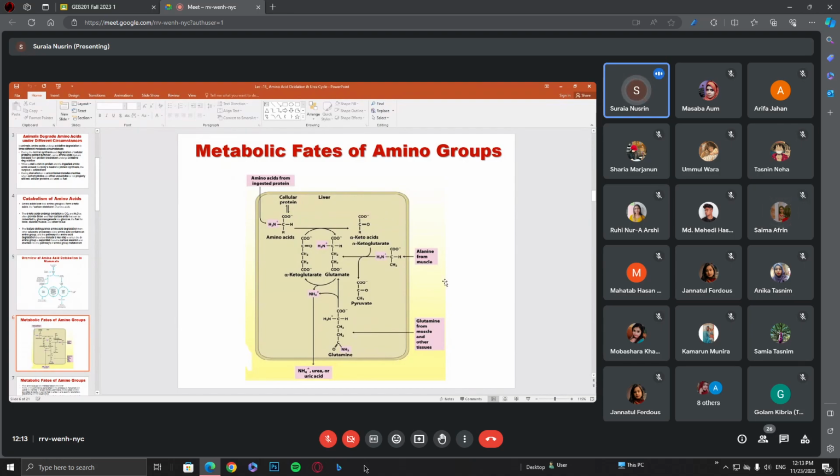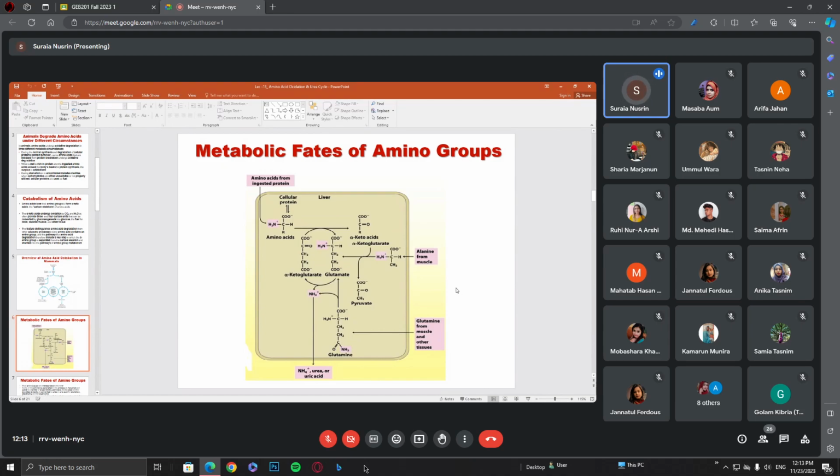Okay, now amino acids from different organs or tissues of our body can also enter the liver. The first one here we are seeing is from the muscle, and from the muscle we get the amino acid alanine. Alanine is formed from pyruvate. We know that in the muscle glycolysis occurs, and after glycolysis pyruvate is formed, and pyruvate is a keto acid.